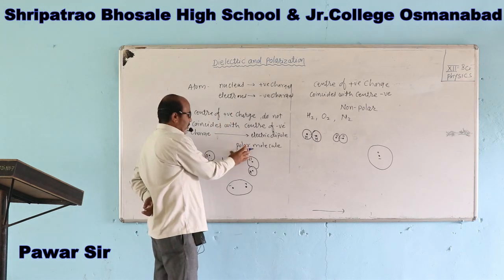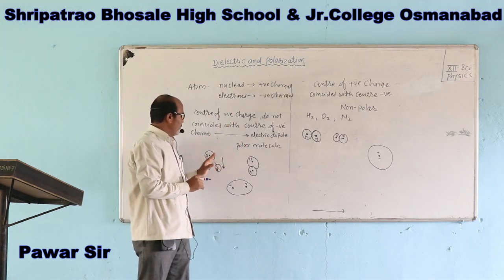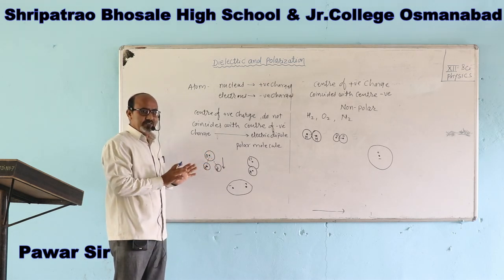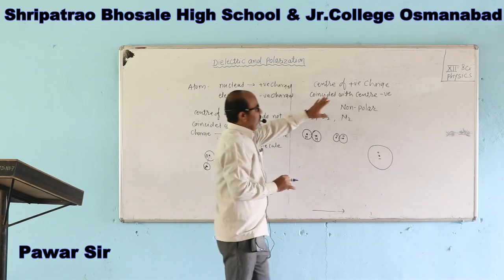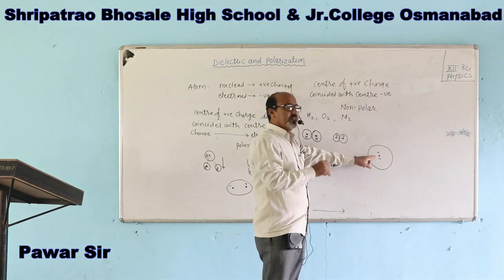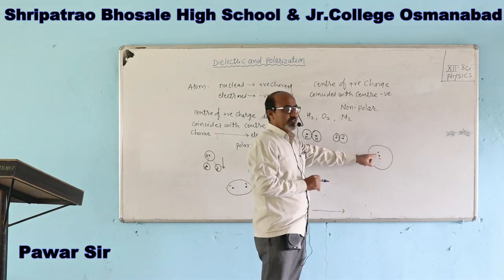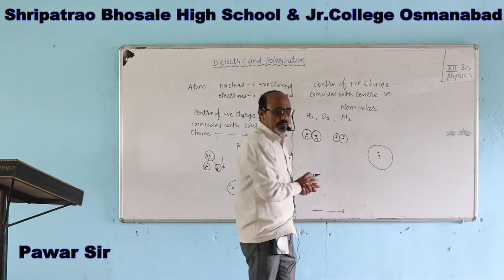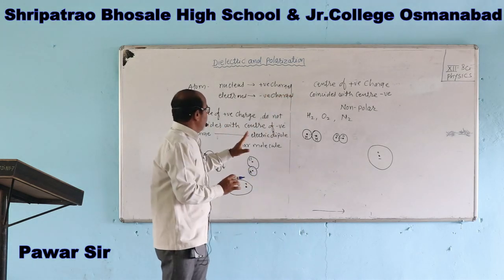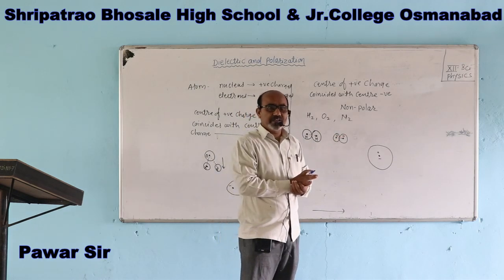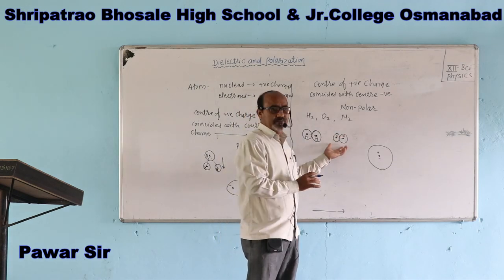In a polar molecule, the center of positive charge and the center of negative charge are separated. In a non-polar molecule, the center of positive charge coincides with the center of negative charge. They do not possess an electric dipole moment. Now we study how these polar or non-polar molecules behave when kept in an external electric field.